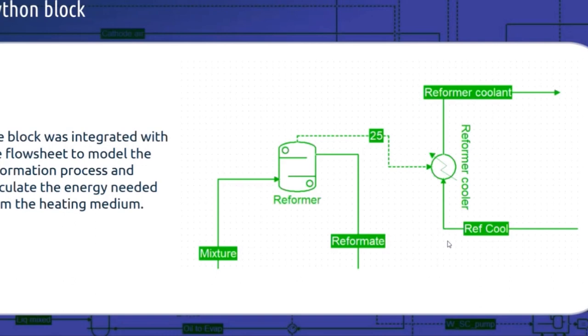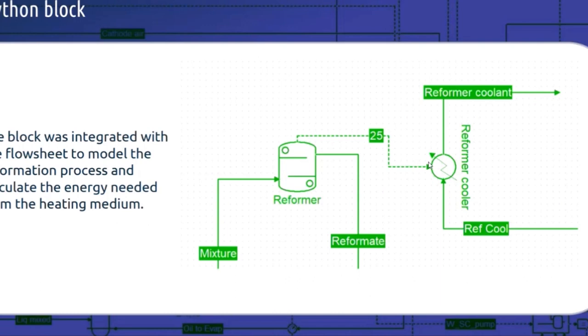So the block was integrated, and as we can see here, if we had a plug flow reactor or a fixed conversion reactor, it would pretty much look the same. But we would need another Python block, another one of the blocks above, to calculate the conversion rates and the energy for the heating system over here.